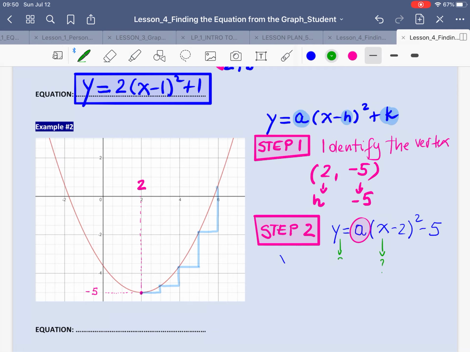So if you had a point on the graph whose coordinates you can locate easily and with high accuracy, then we can plug that point into the equation. We can plug the y and the x into the equation and then solve for a. So let's search for that point.